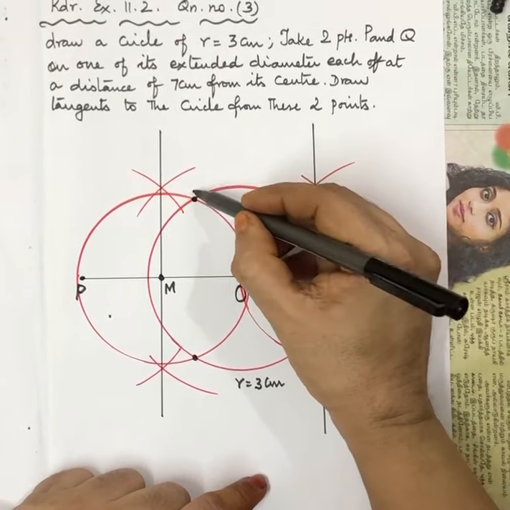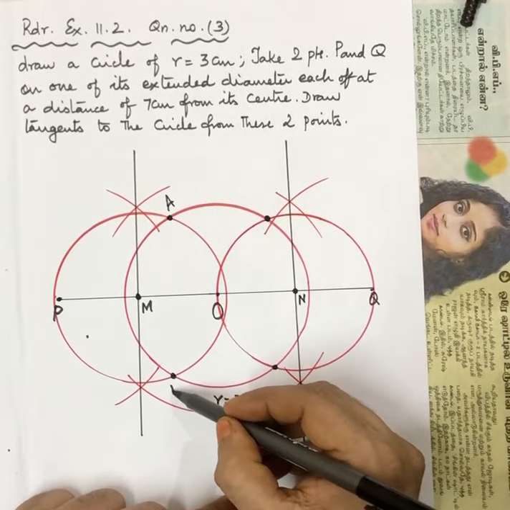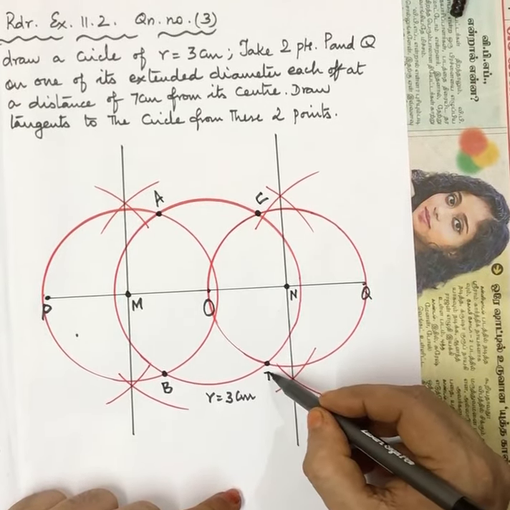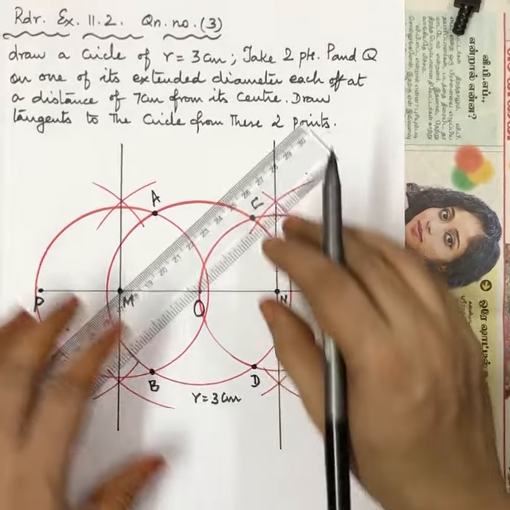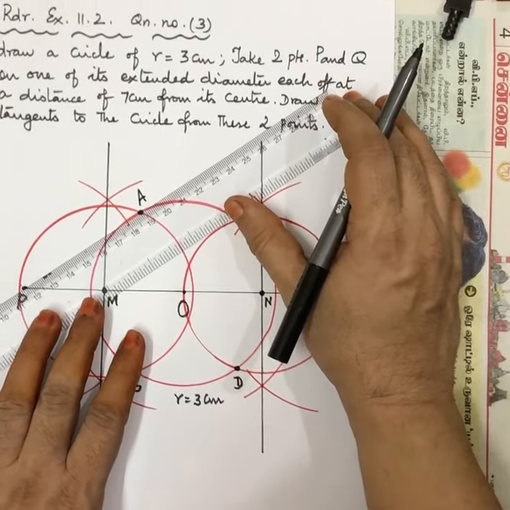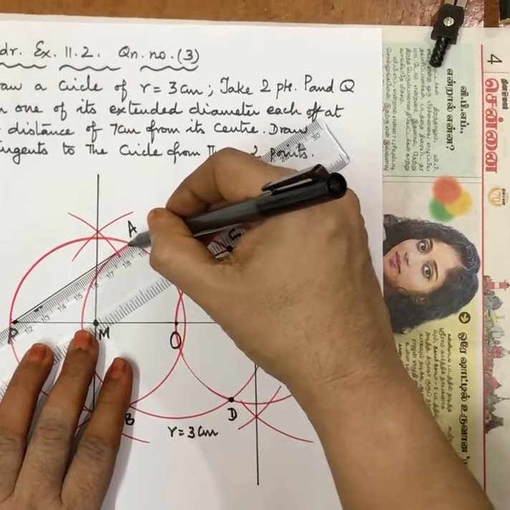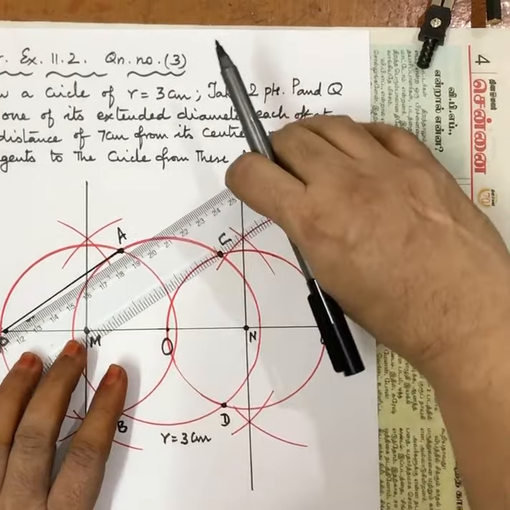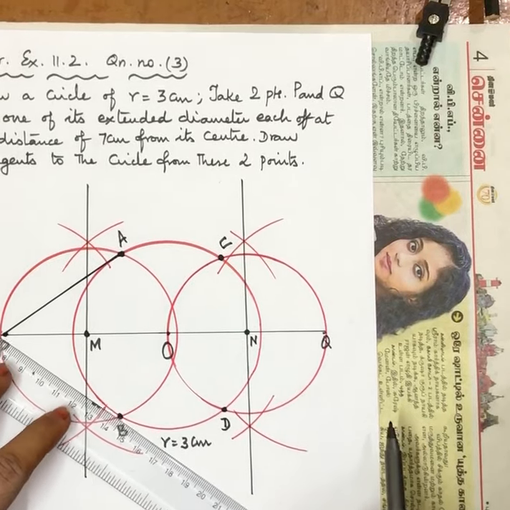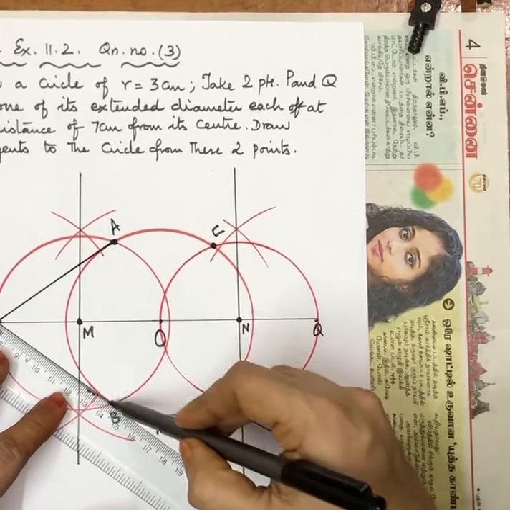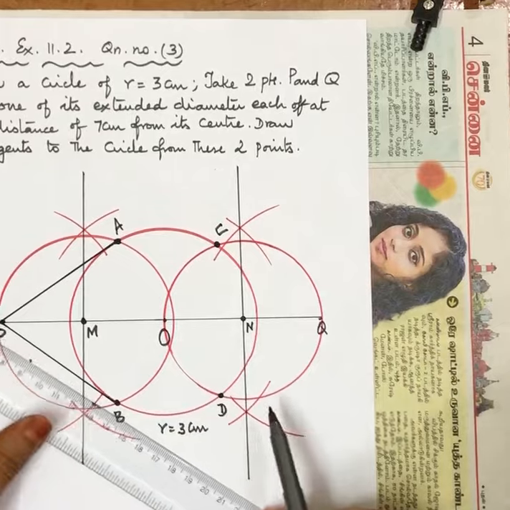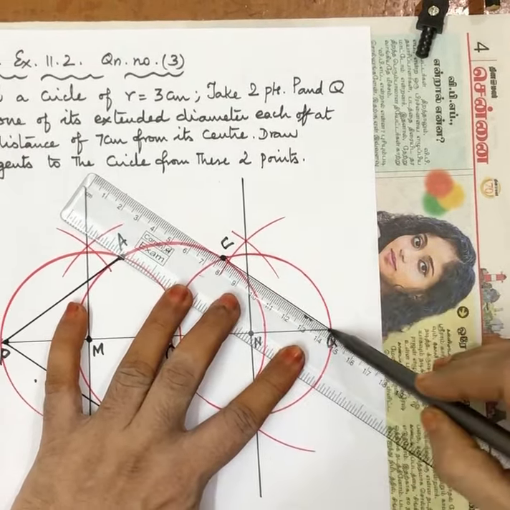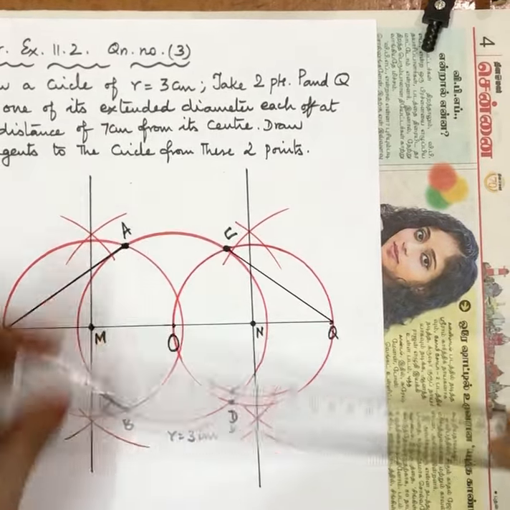Let us name it as capital A, capital B, capital C, capital D. Now take your scale and pencil, join P to A, P to B. Same way, with the help of scale and pencil, CQ, DQ.